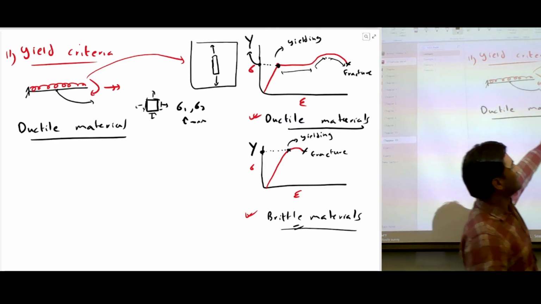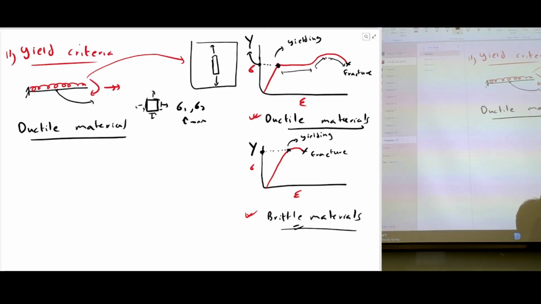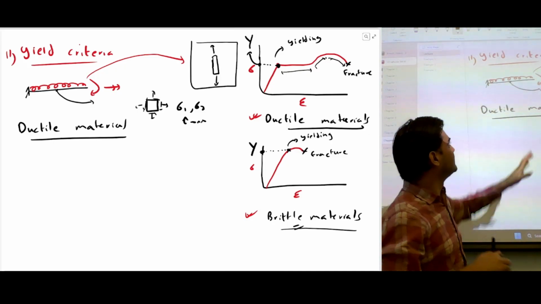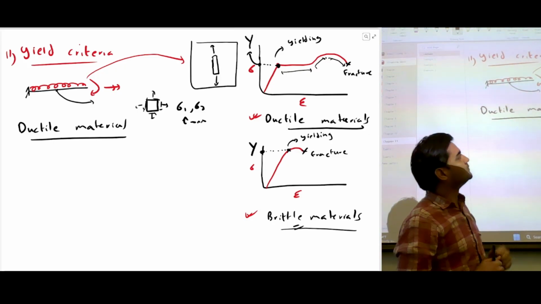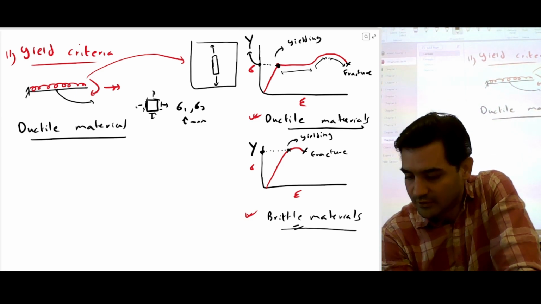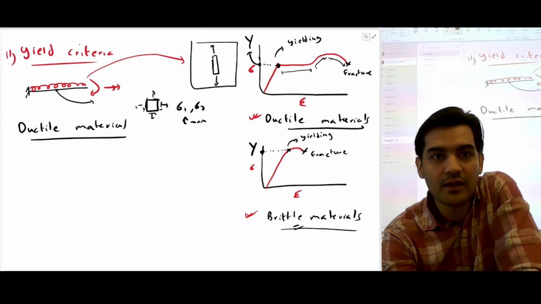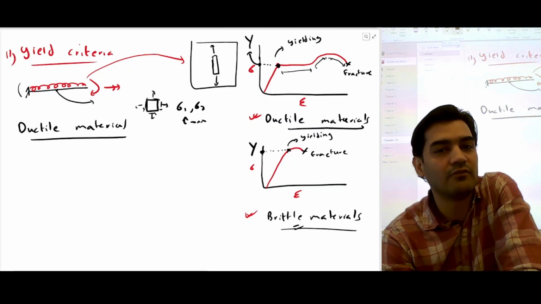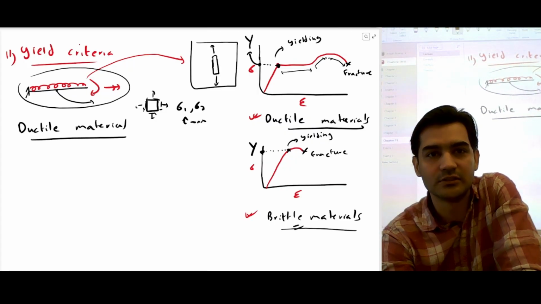Given this loading condition, there are some criteria which different researchers have come up with, which compare this with the yielding to figure out if the yielding will happen or not, if this configuration will observe yielding or not. So there are different methods to do this. For ductile material, you have two theories which try to predict yielding when you have a complicated loading condition.